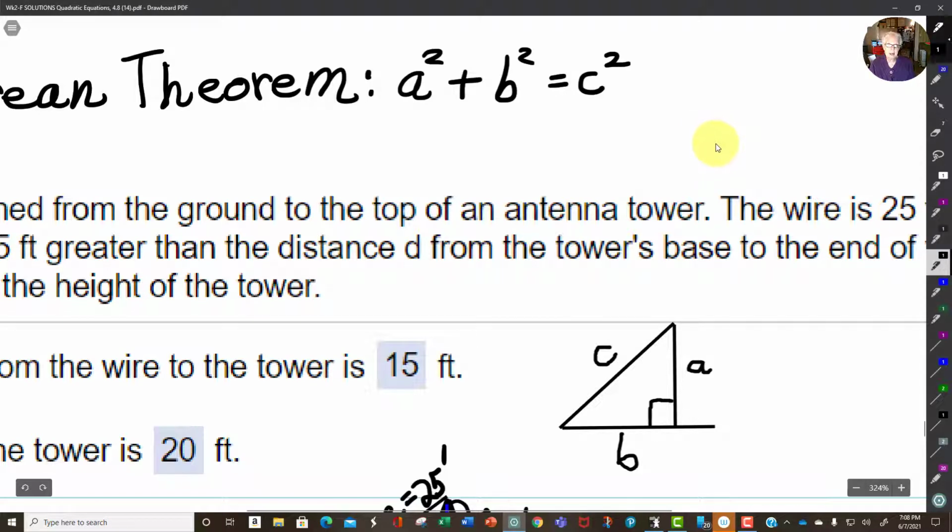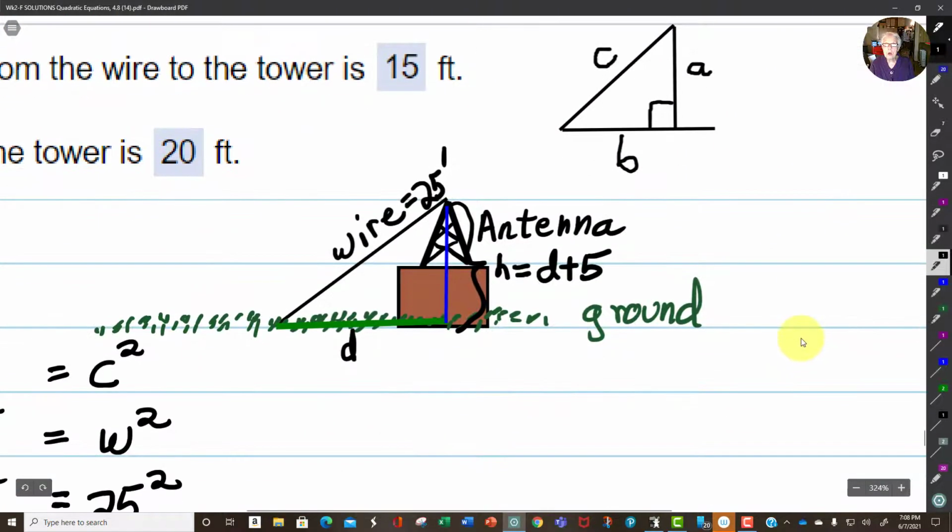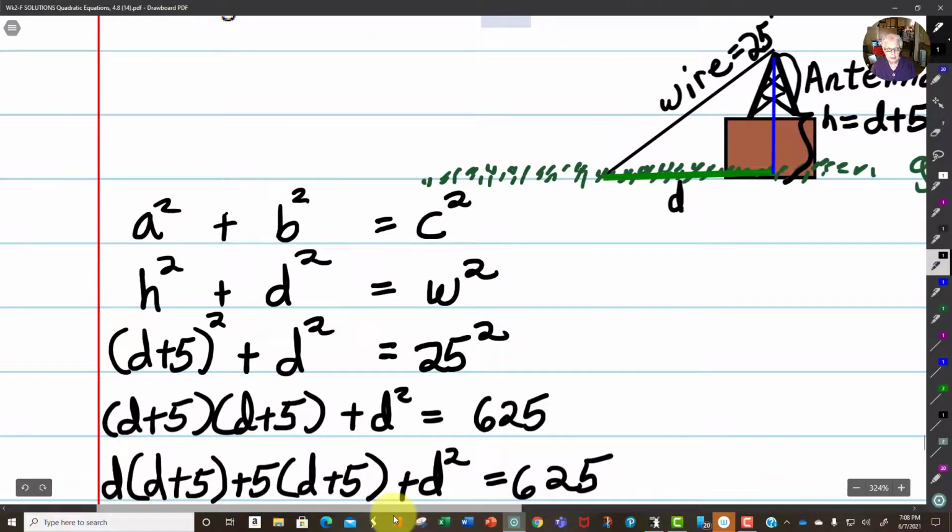You're never finding the area, only the length of the sides. Well, in this problem, A is called the height, B is called the distance, and C is the wire. So we're going to say that h squared plus d squared equals w squared.